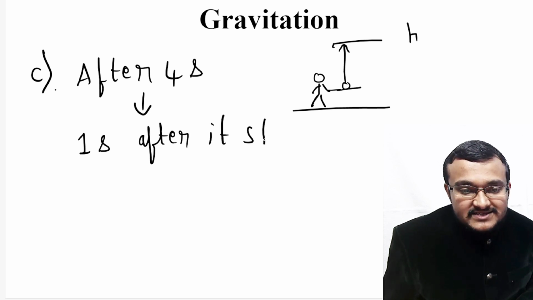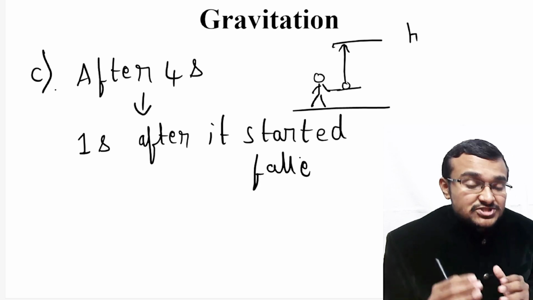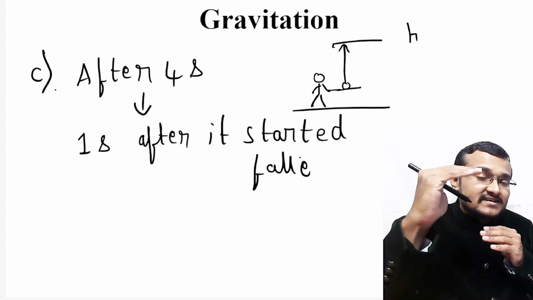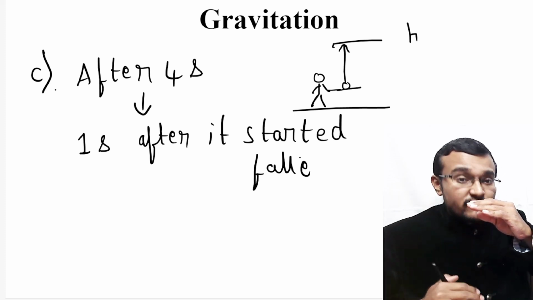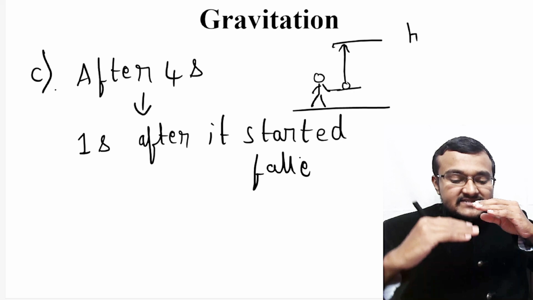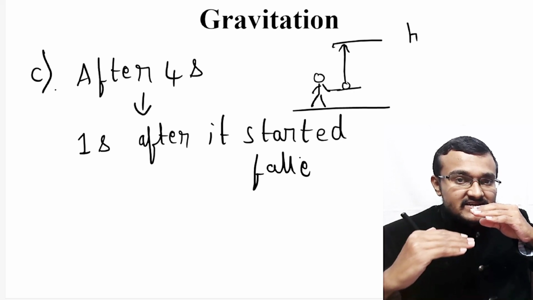So after it started falling down, you have to take 1 second, because here it has taken 3 seconds to reach that particular height. After reaching that height, the next 3 seconds is the time which it takes to fall back. So after 4 seconds means 3 seconds it went to the maximum height, and after 1 second it has come somewhere here.